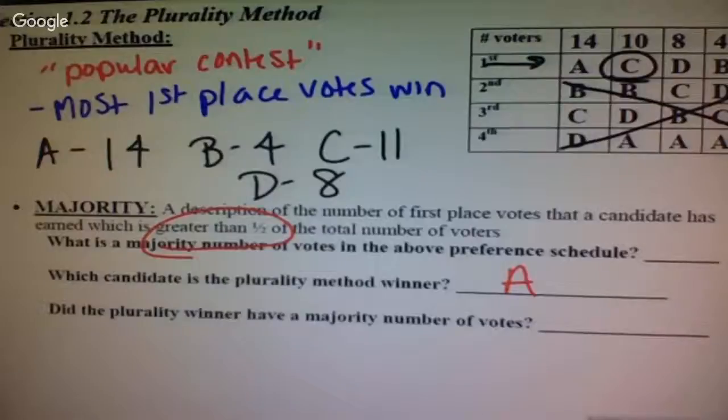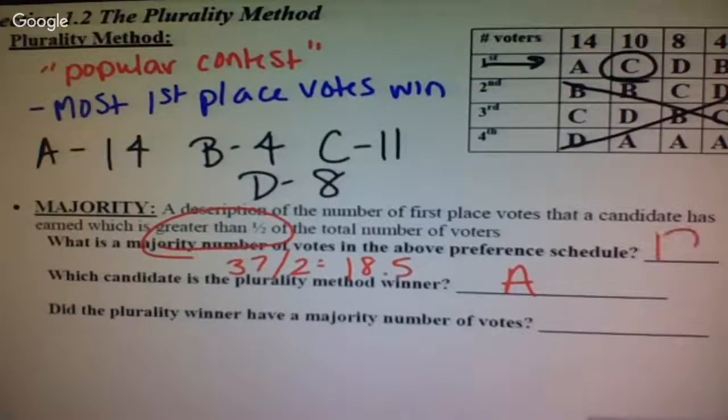In order to have a majority, I need more than half of the votes. So to figure out what that number is, the first thing I need to do is get the total amount of votes. How many people voted in this election? 37. So if I half that, what does that give me? 18.5.